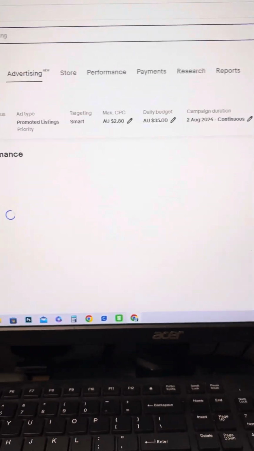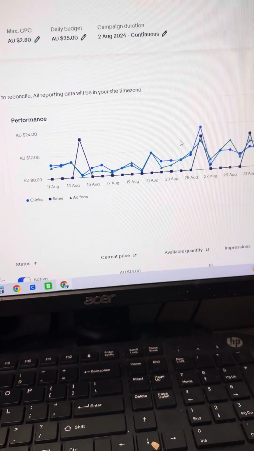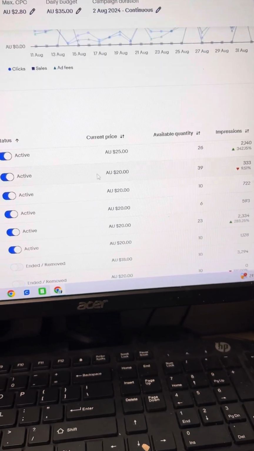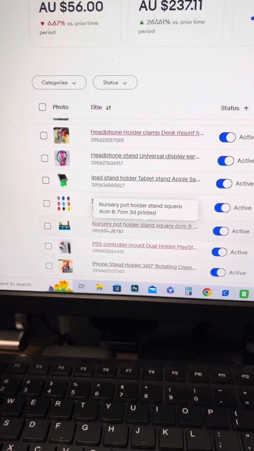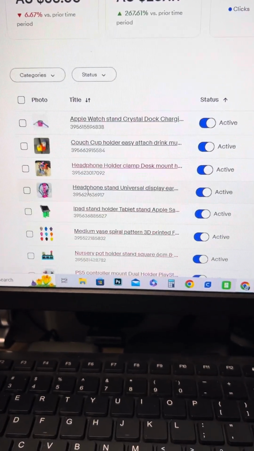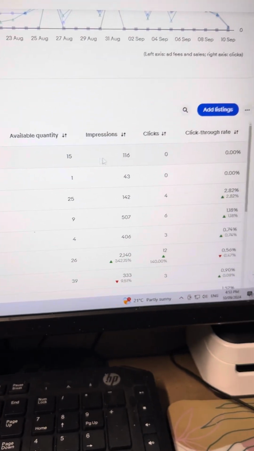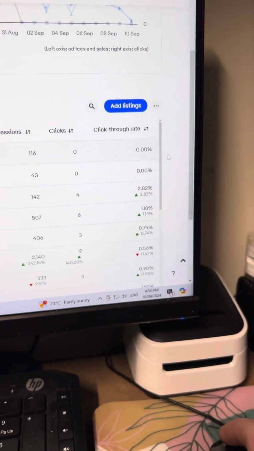So this is just sort of how I figure out how to do it faster. If I come onto here, I can see exactly how many of the products have been listed on the actual advertising. You can see this one's currently on there, and that has this many impressions, this many clicks, and the click-through rate.